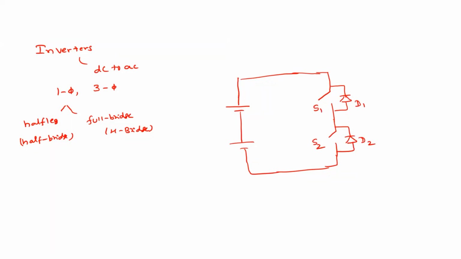The load is connected in between. Let us assume this is the load, instantaneous positive and instantaneous negative. Assume this is V0, this terminal is A and this is 0. We have a single DC source that is split into two. Let us assume this is VD by 2 and this one is VD by 2.